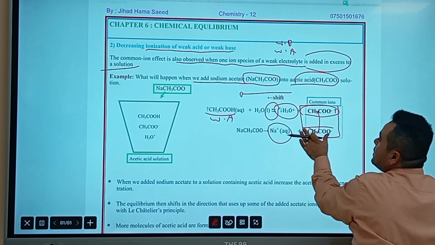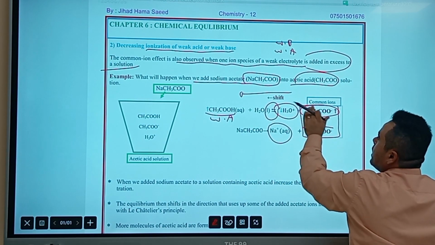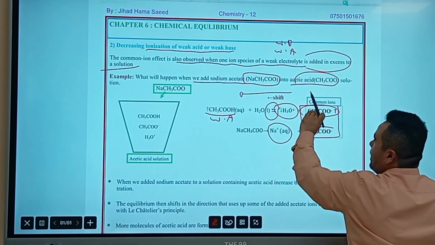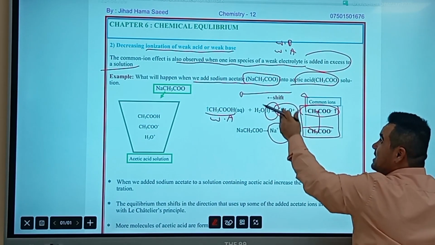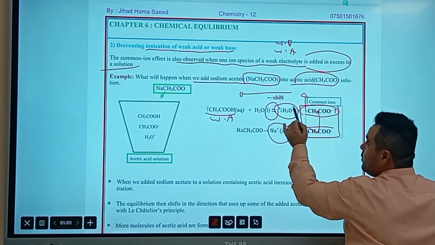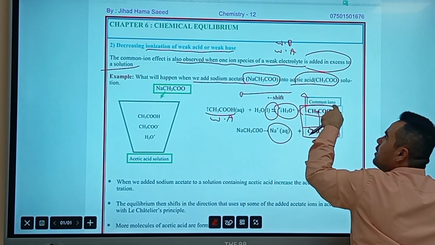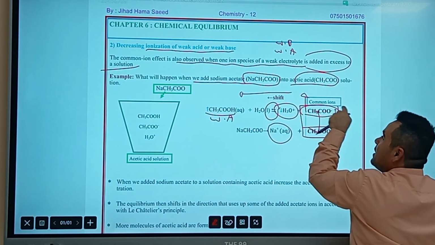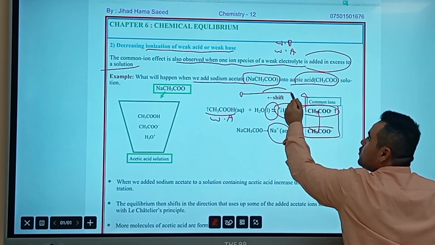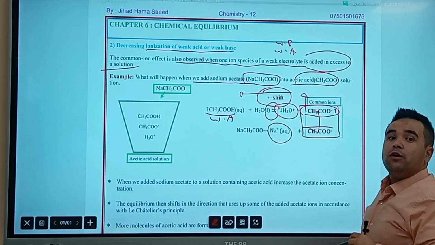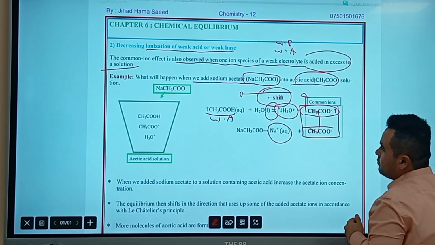So addition of acetate from sodium acetate to the acetate, these are the common ions, will increase acetate ion. As it increases acetate ion, the increase in any species, aqueous or gaseous, on any side favors the opposite side. So in this case, it favors the reverse direction.